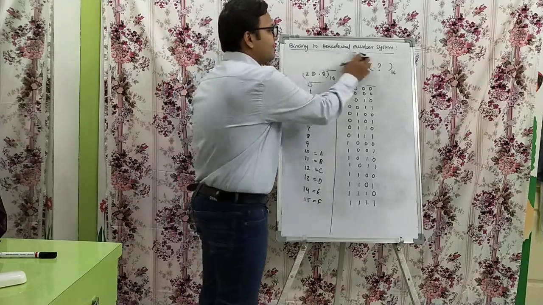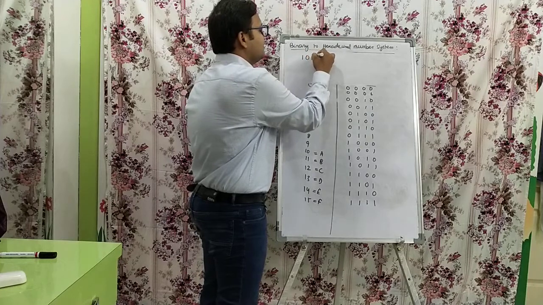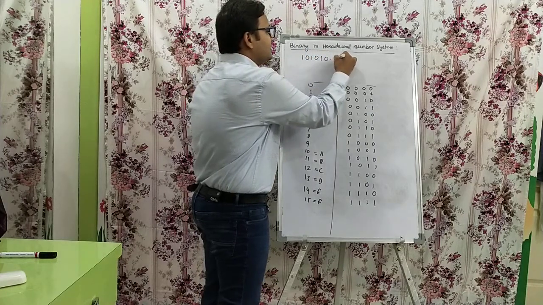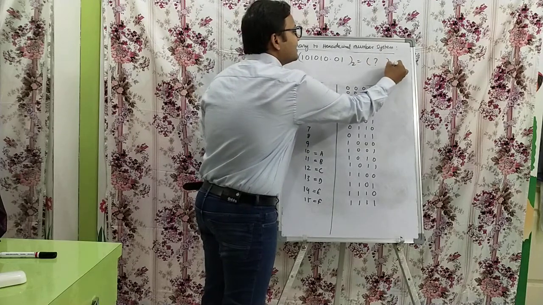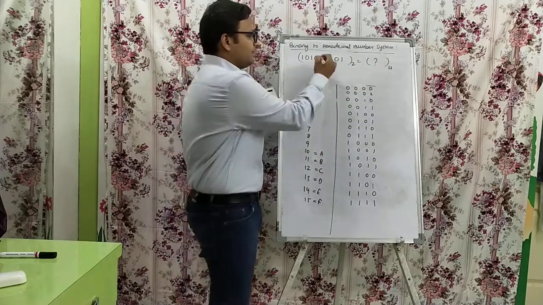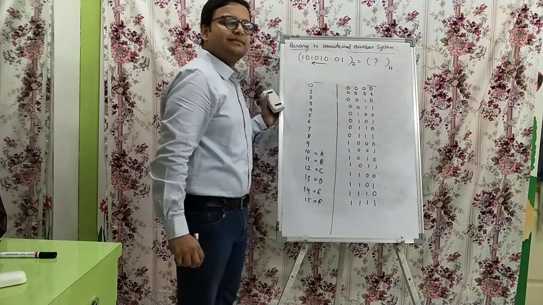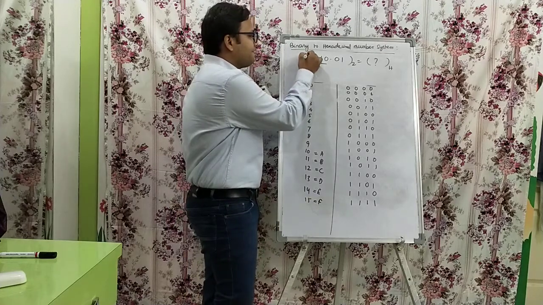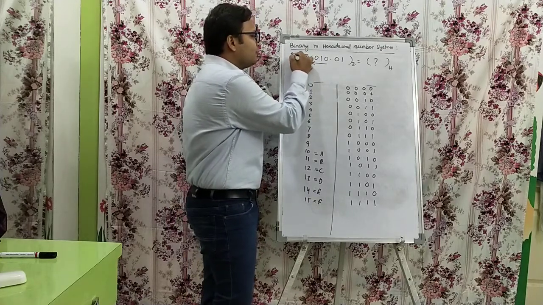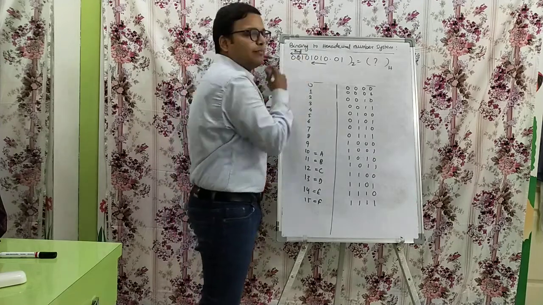Next, another example, 1010.01 binary into hexadecimal. From the point, on this side you have to take 4 bits of the binary to make a single hexadecimal digit, and here pair 2 zeros to get 4 bits, then group it.